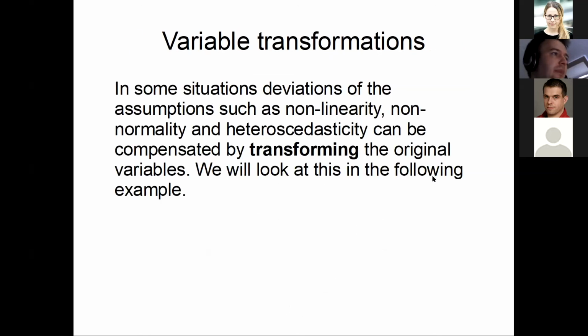Okay, in some situations, you might already have thought about this. Why do we always use linear functions or linear models? There might, of course, be situations where a linear model might not be the optimal solution.